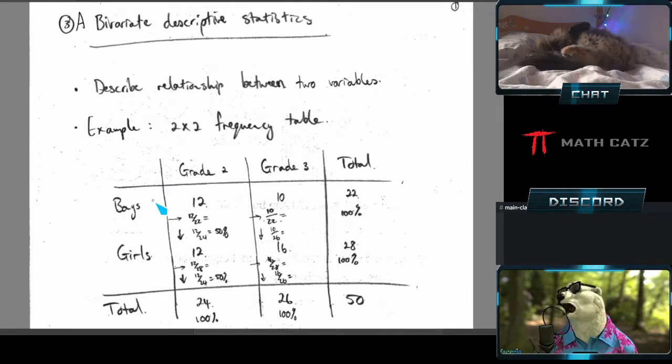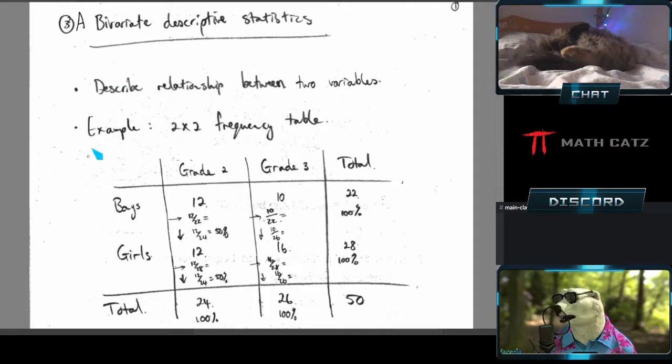Let's suppose we have two variables. One is gender for kids at a school, and the other is which grade they're in, grade 2 and 3, to keep things simple. Each variable will only have two possible values.